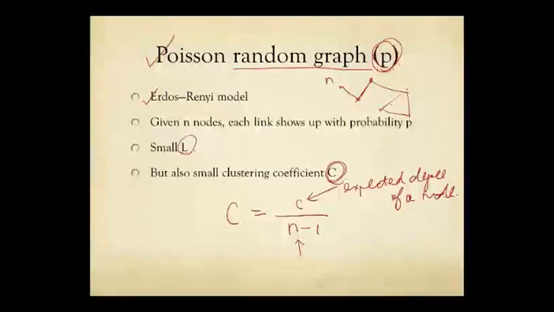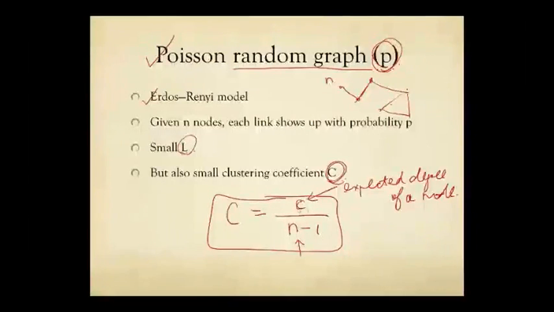Why is that? Why is this the expression for the expected clustering coefficient big C for a random graph? Well, because the probability that two nodes are connected is c over n minus 1 in a random graph.